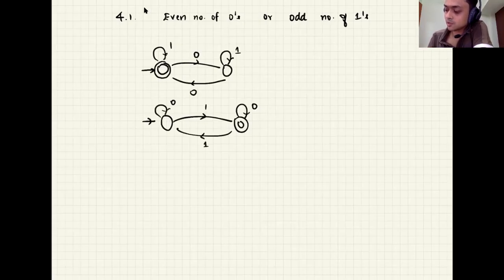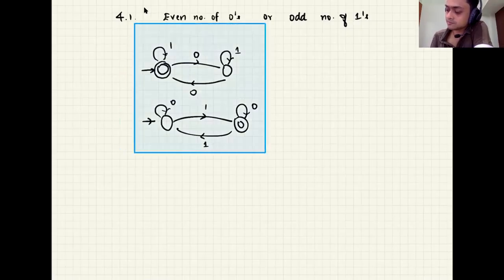And this entire thing will be one automaton.